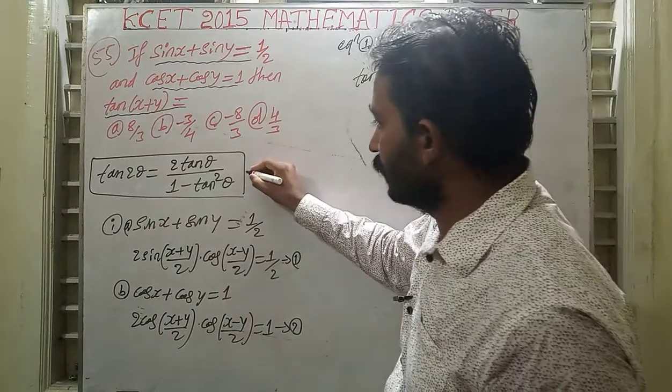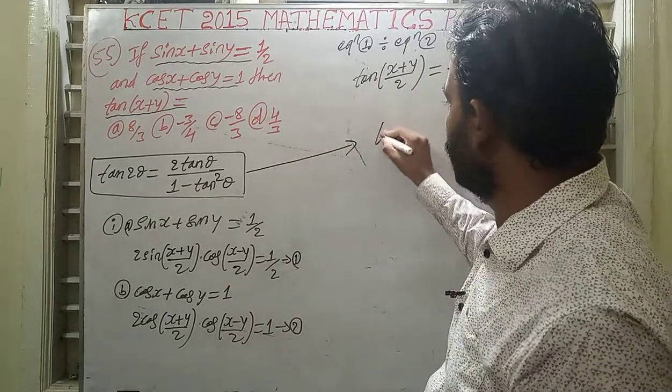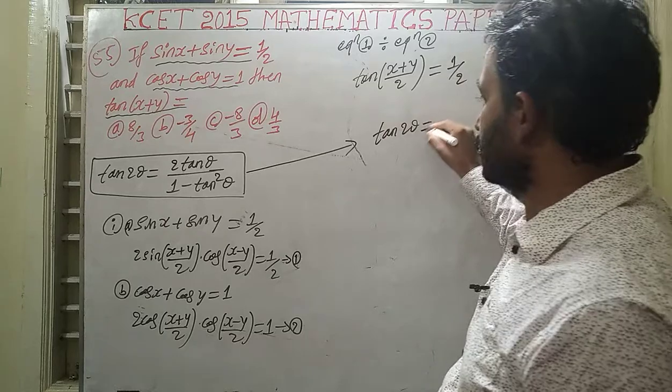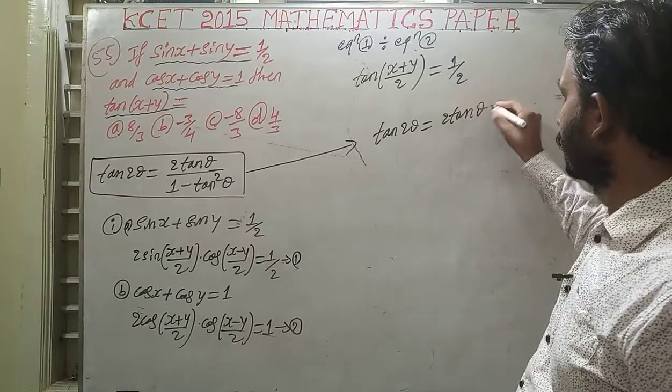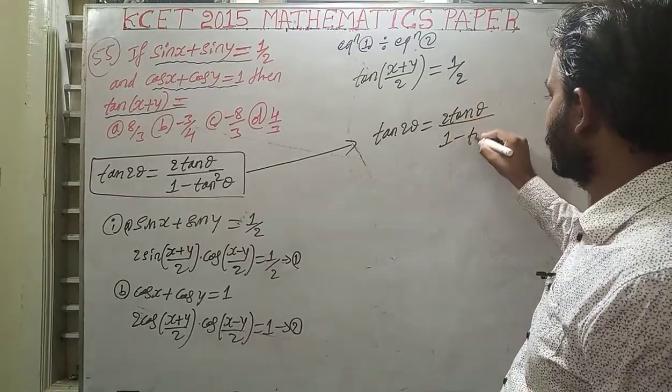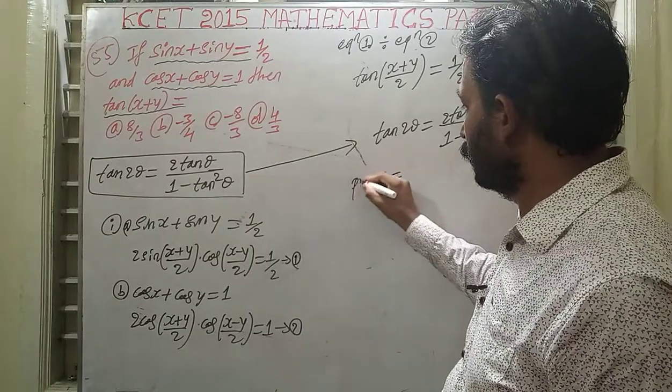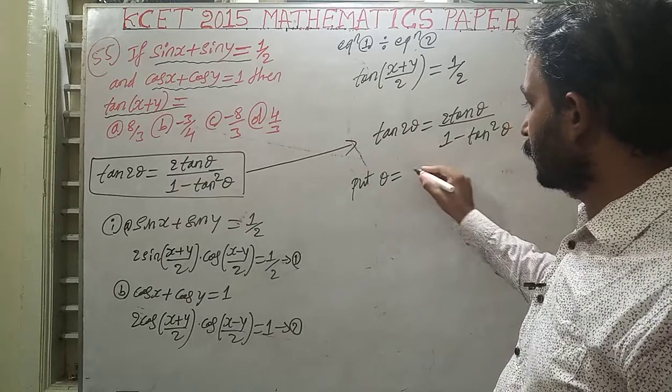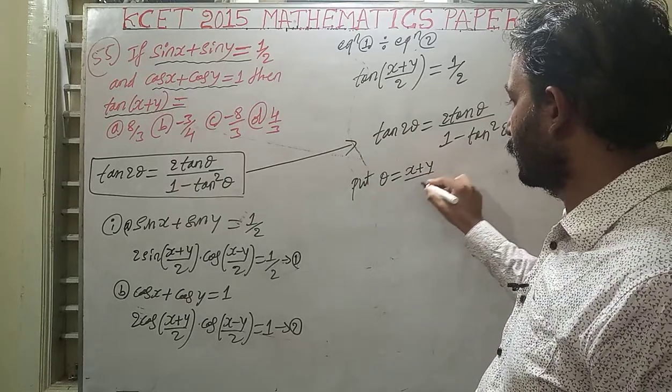So we get the value of tan of (x plus y) by 2. Now using this formula, what is the formula? Tan 2 theta is equal to 2 tan theta divided by 1 minus tan square theta. Now put theta is equal to (x plus y) divided by 2.